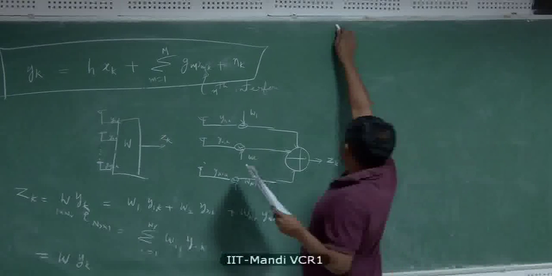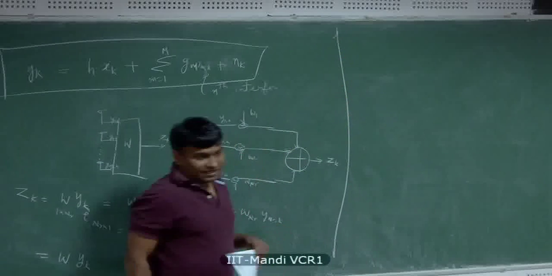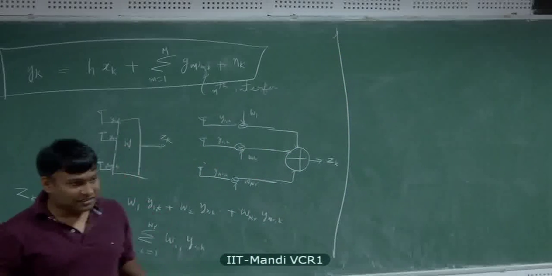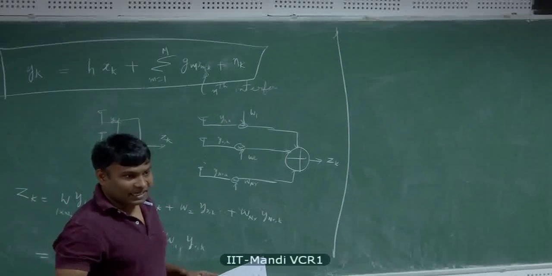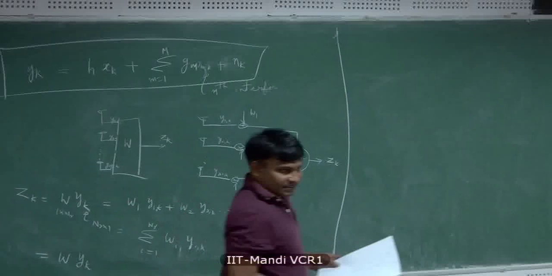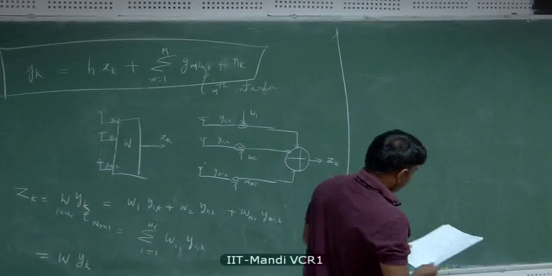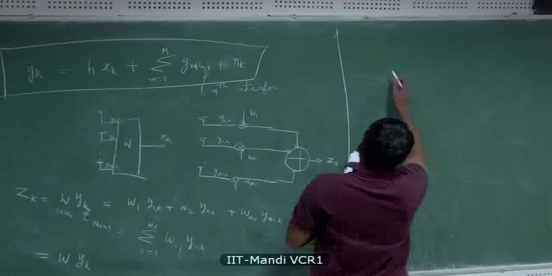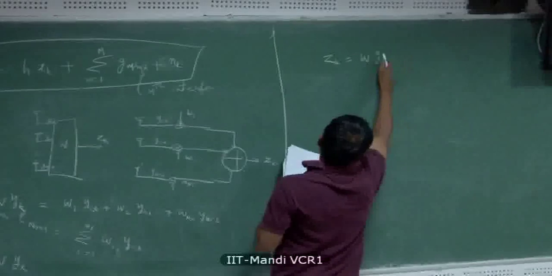Okay, so let's go through this receiver, and this receiver doesn't talk about how it functions. This receiver that we are going to derive simply gives you an expression for the receiver. It doesn't teach you exactly how interference is rejected. That we'll have to figure out by analyzing the performance of the receiver. Okay, so Zk is W multiplied by Yk.